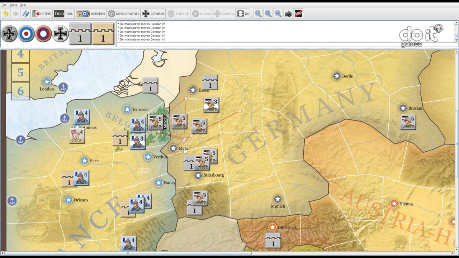Another thing is that if you attack first, you must select the full strength army. So in this situation, if this army wants to attack, it must select this as a target, it cannot select this. Okay, so those are a few rules that some players can easily forget.